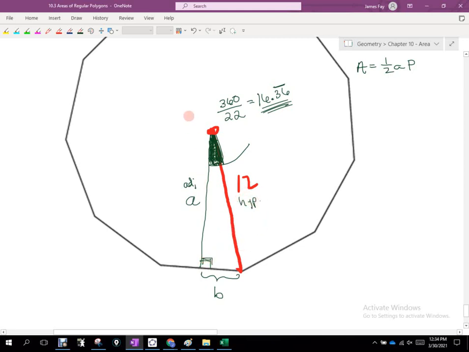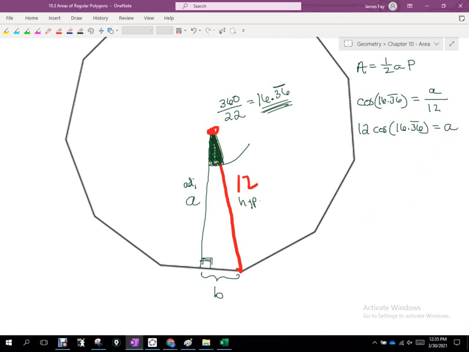So which trig ratio would you use for adjacent and hypotenuse? Cosine. So I'm going to say cosine of that 16.36 is equal to adjacent divided by hypotenuse. So A over 12. So 12 cosine of 16.36 is equal to my apothem.